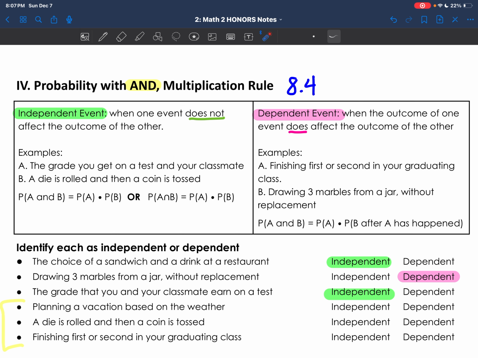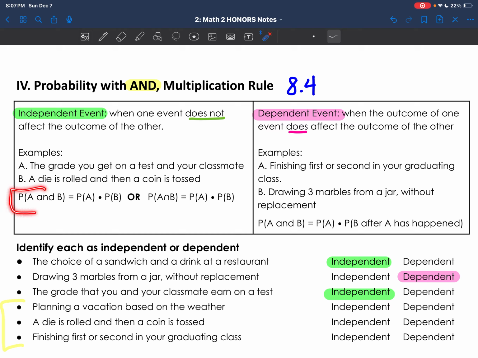If you finish first, you're not going to finish second, or vice versa. Drawing 3 marbles from a jar without replacement: if you don't replace it, it's going to change the events or how many you have total. So for that one, you have the probability of A and B, which equals the probability of A times the probability of B after A has happened.